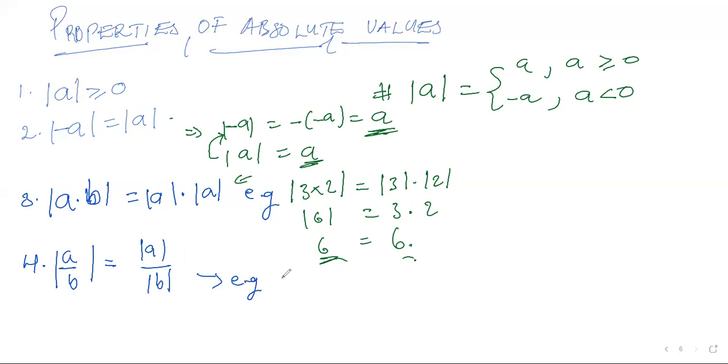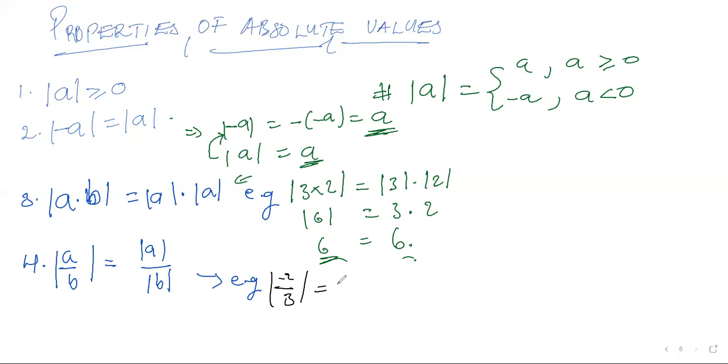Modulus of negative 2 over 3 is equal to... I am sorry, I used a number that doesn't work. Let me use a 4. I wanted something which can be converted to fractions. But anyway, it's negative, so we can multiply it by a negative.